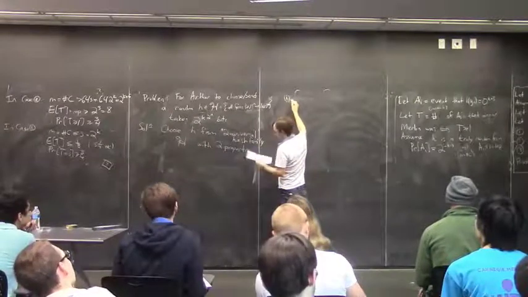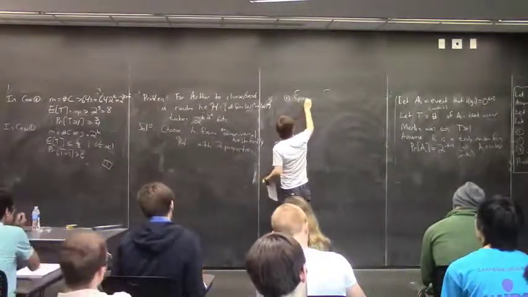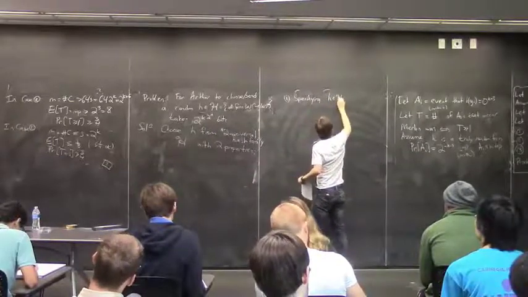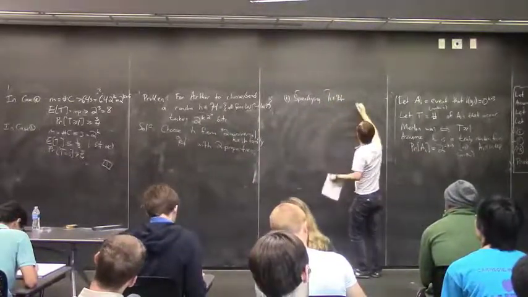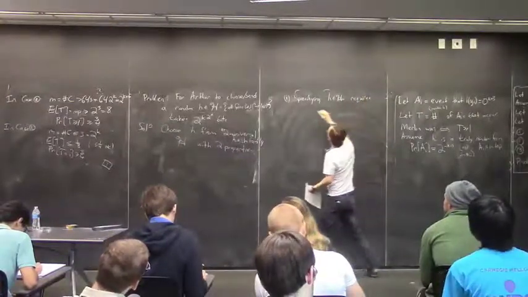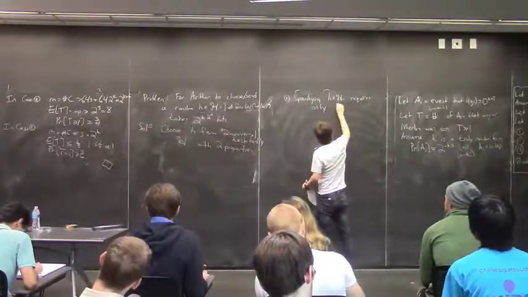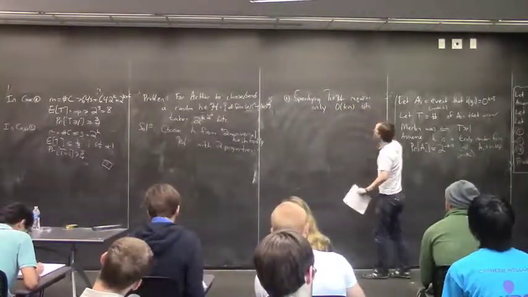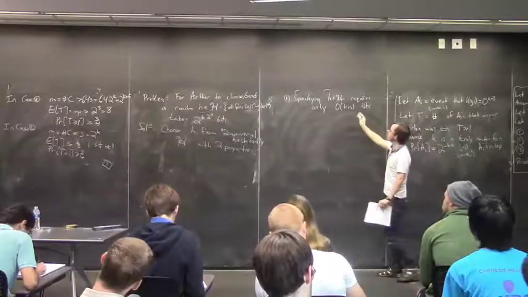Property 1, specifying a particular little h requires only, the way I'll do it, requires order kn bits. You can try to be more efficient than this, but this is perfectly fine for us.